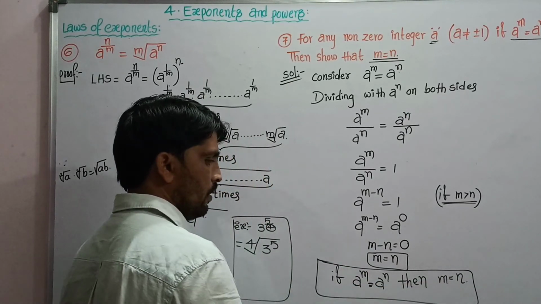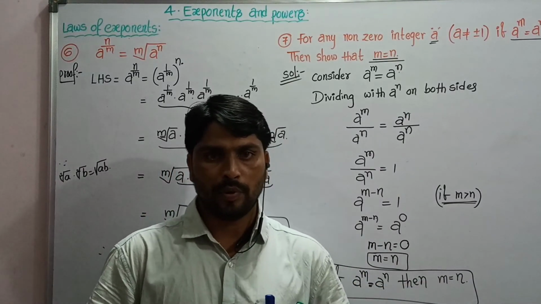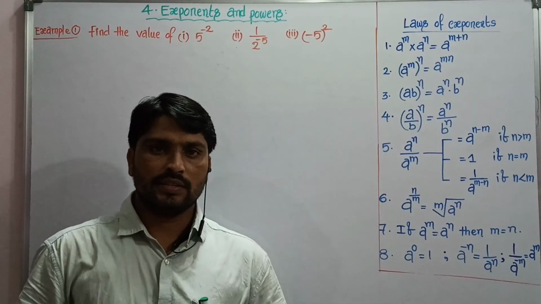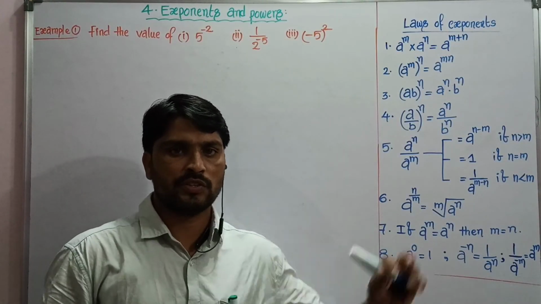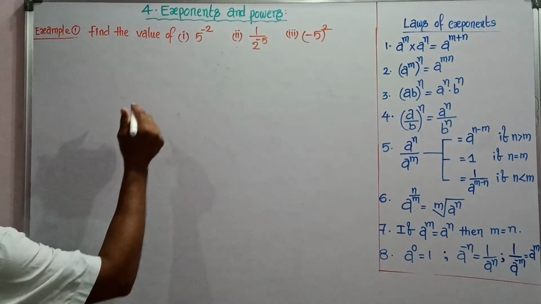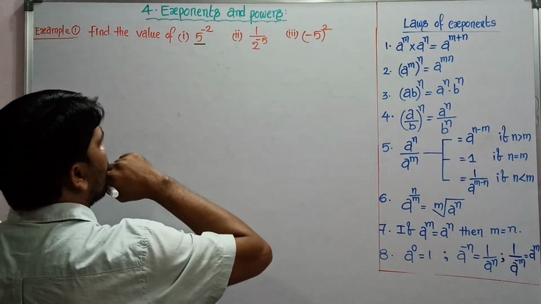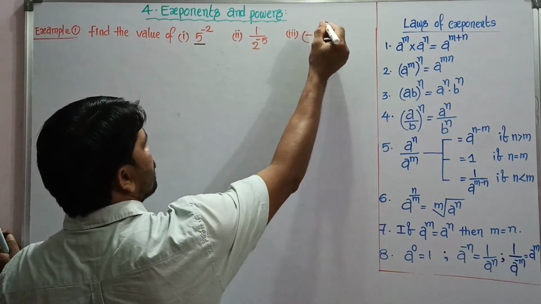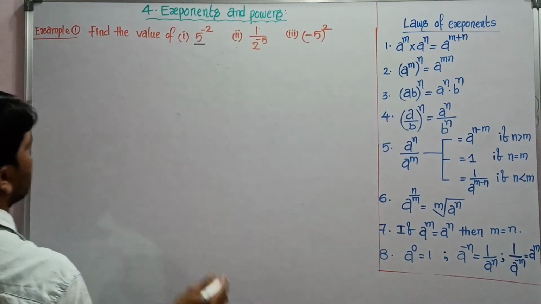Okay. Let us see example problems based on these laws of exponents. Okay student, let us see the example problems based on laws of exponents. Okay. Example 1. Find the value of 5 power minus 2, 1 by 2 power minus 5, minus 5 to the power 2.